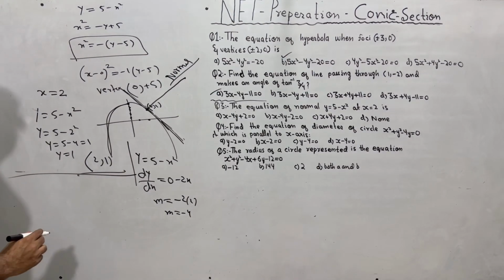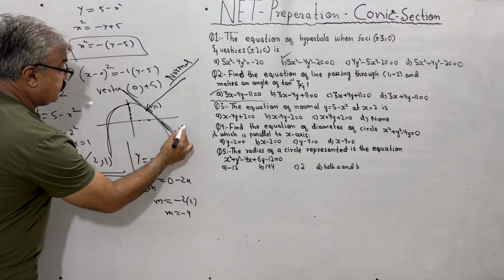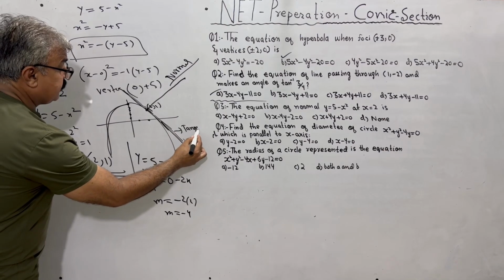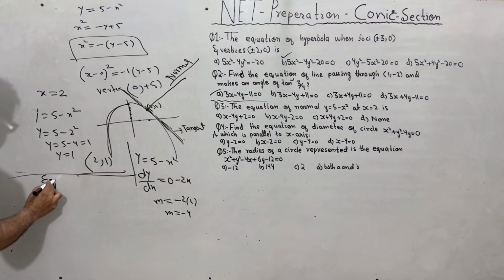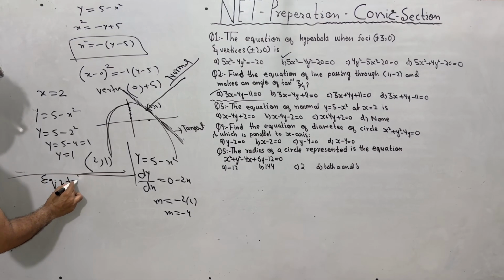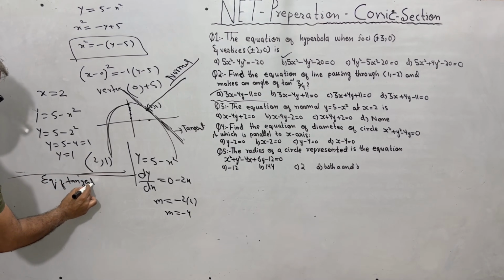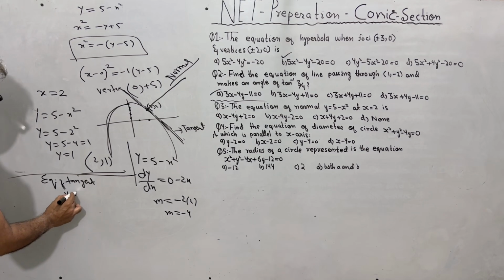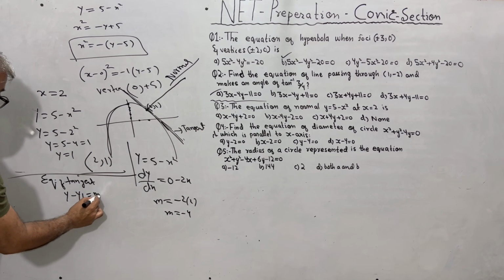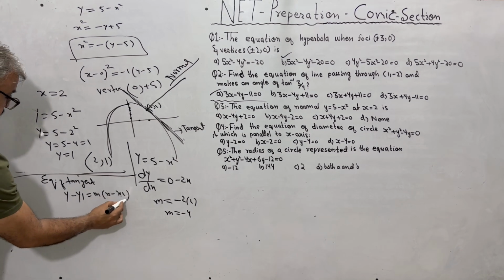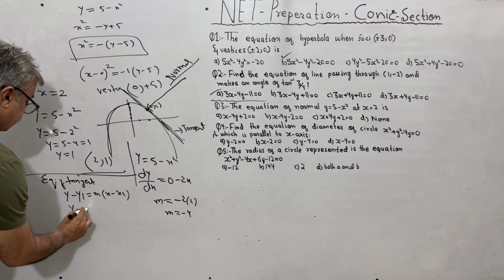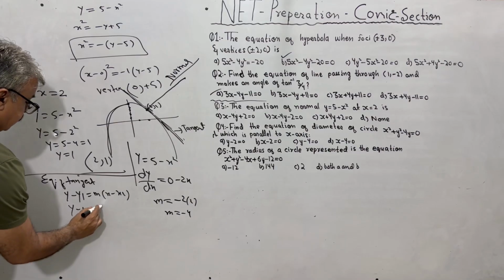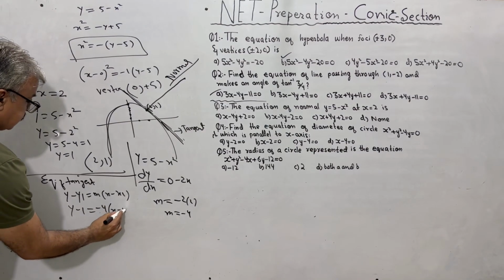If I want to write the equation of the tangent, not the normal, then my equation of tangent is going to be the same point slope form, y minus y1 is equal to m times x minus x1. My point is y minus 1, m is negative 4, x minus 2.